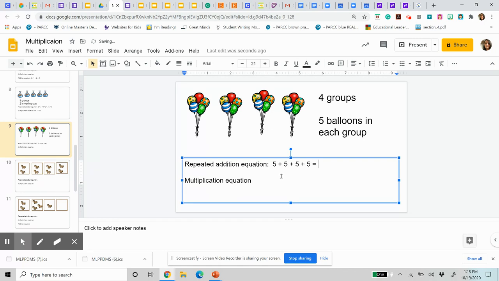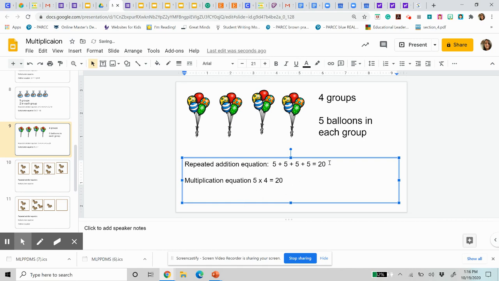I'm sure you've heard of that. And then you could just count by 5s. 5, 10, 15, 20. All right? If we were going to write a multiplication equation, I could write 5 times 4 equals, and again, we can put up 4 fingers and count by 5. 5, 10, 15, 20. Same thing.